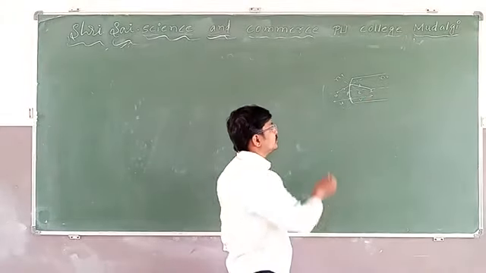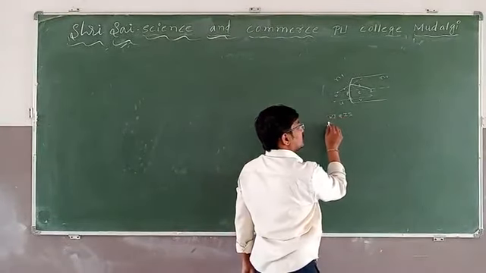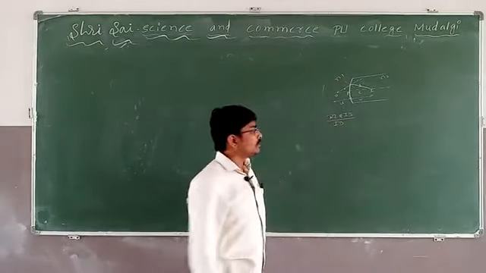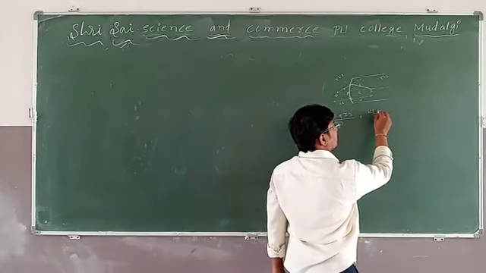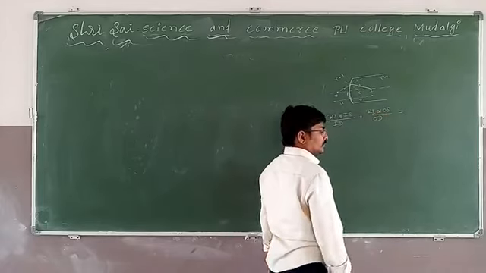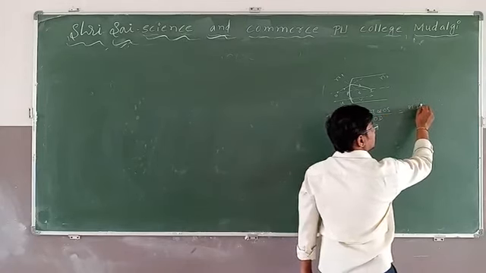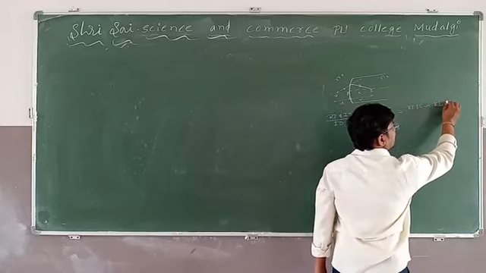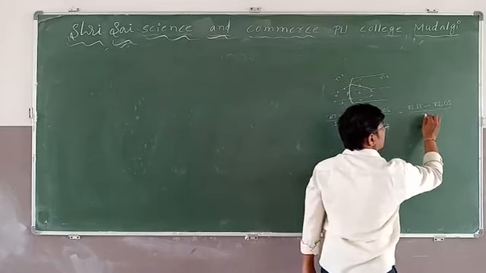We know that refractive index of image space divided by image distance, plus refractive index of object space divided by object distance, is equal to refractive index of image space minus refractive index of object space, divided by r, the radius of curvature.